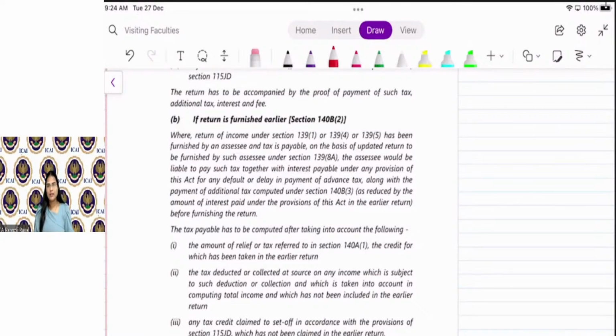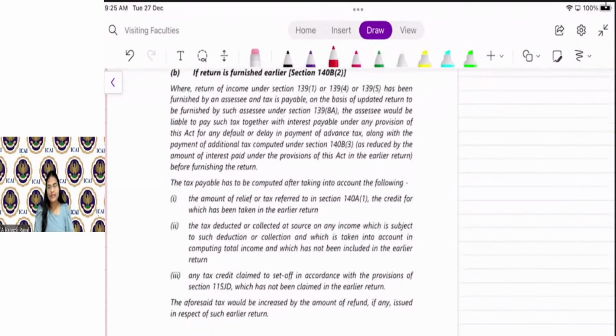So in that case, if my income has increased as compared to original return, then I have to pay additional tax? Yes. So in that case, I have to pay additional tax along with interest on additional tax, because whenever I filed the original return, up to the date of filing original return, whatever amount of interest, late filing fees, whatever amount of tax was there, I have already paid the same.